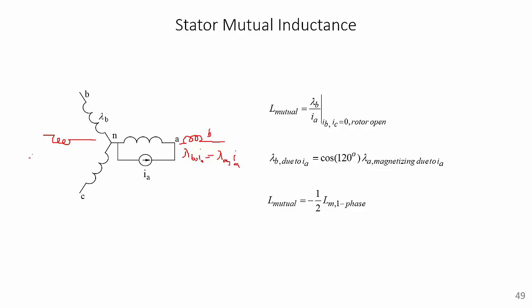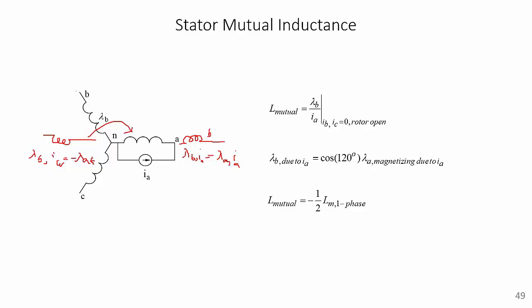In this case, the flux linkage in the B phase winding is going to be equal to the negative of the flux linkage in the A phase winding, both of it due to the current in the A phase winding. Now for any other case, it's going to vary as a function of the cosine of the angle between the A and the B phase winding.